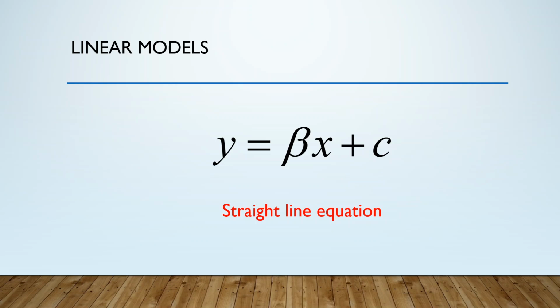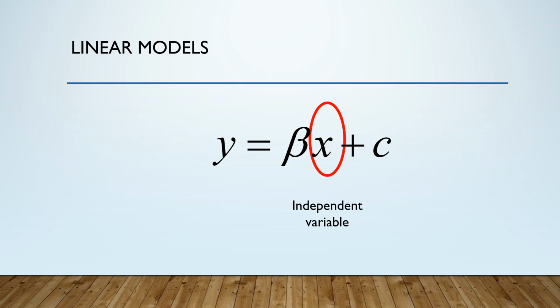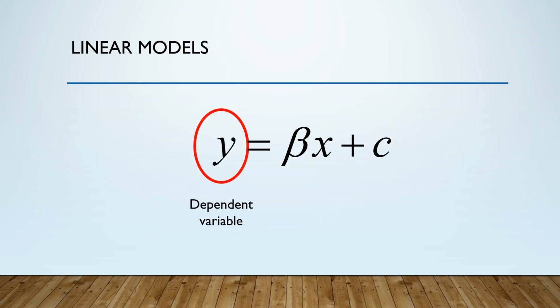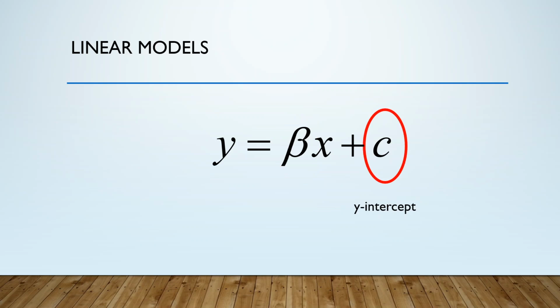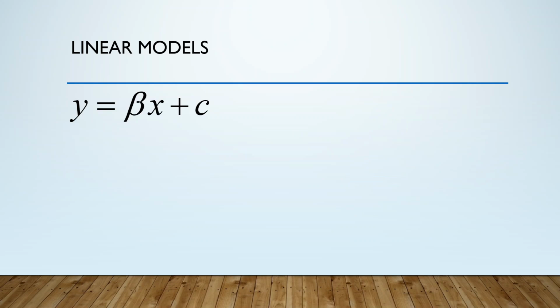Let us understand the meaning of each component. x is the independent variable, y is the dependent variable, beta is the slope, and c is the y-intercept.